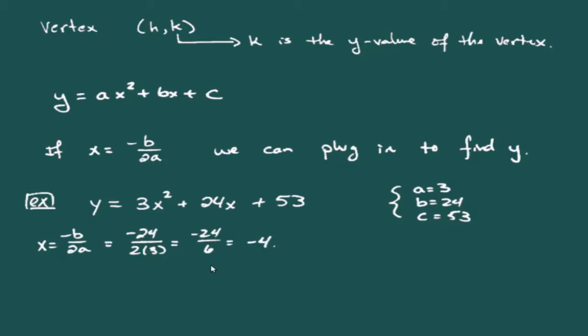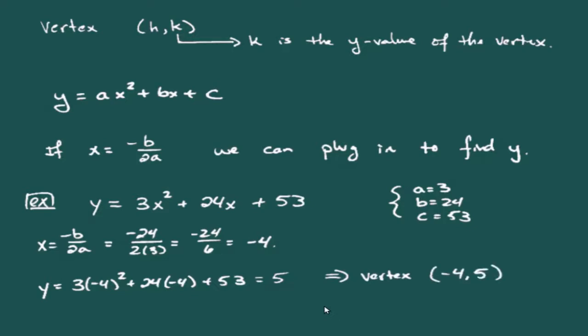That's negative 24 over 6, which is just negative 4. Now, we take that x value of negative 4 and plug it in to our equation, y equal to 3x squared plus 24x plus 53. We've got 3 times negative 4 squared plus 24 times negative 4 plus 53, which gives us a value of 5. And so our vertex is going to be negative 4 and 5.